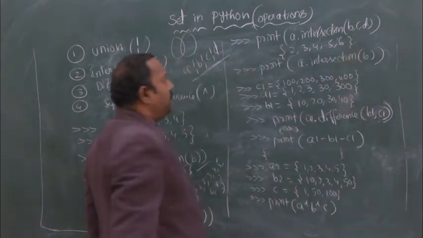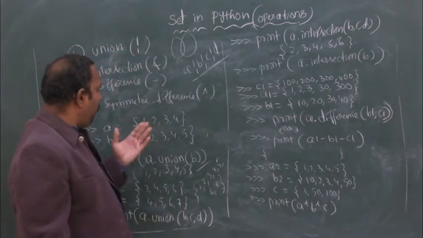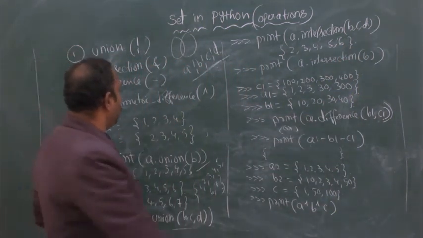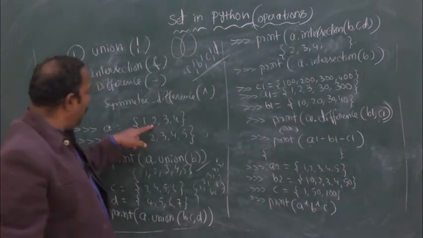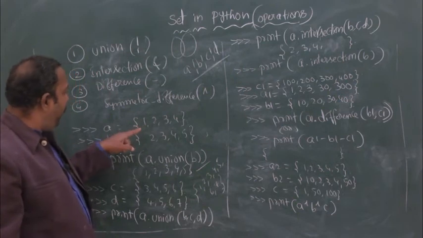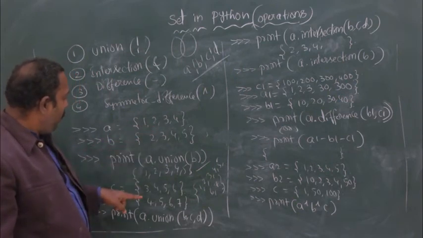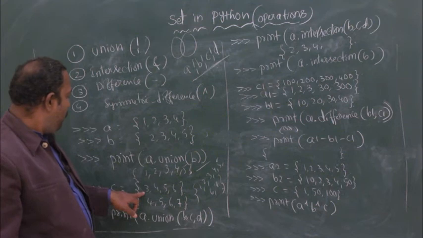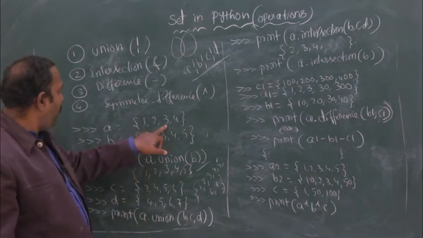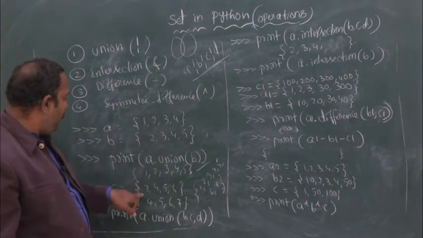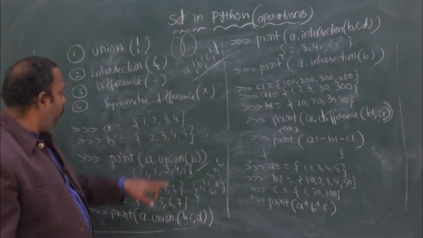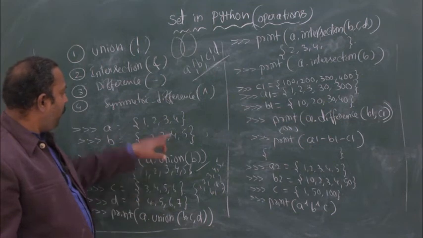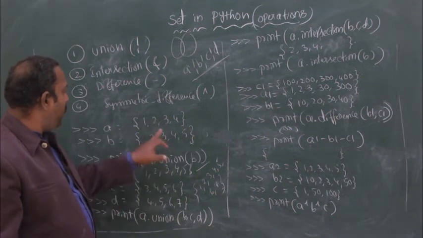Here 6 is not available in A and B, so you won't get 6. Here you see 1 is available only in A. 2 is available in A and B, but not in C and D. 3 is available in A, B and C, but D is not. 4 is available in A, B, C and D. 5 is not available in A, 6 is not available in A and B, and 7 is not either.